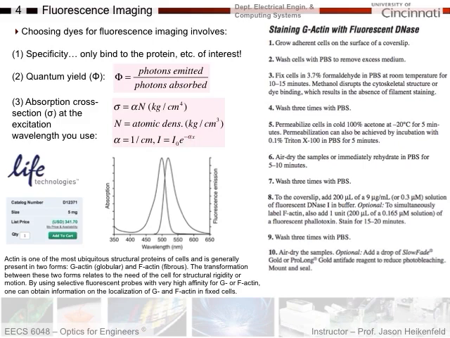Well, to get absorption cross-section, you need alpha as well, but you multiply that by the atomic density, okay? And that's basically the atomic density of the fluorescent dye itself. So that gives you a measure of absorption cross-section, which means for a given amount of something, how strongly does it absorb.